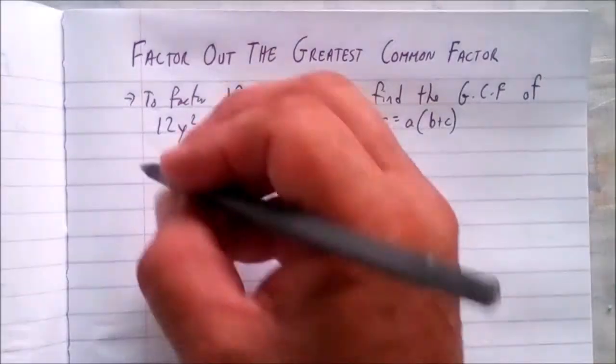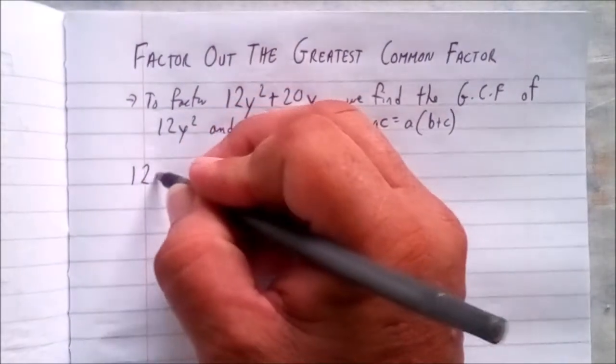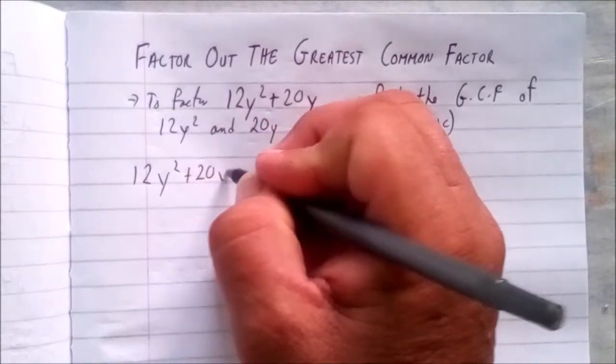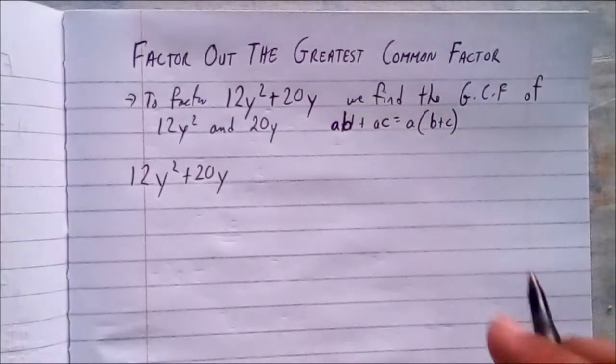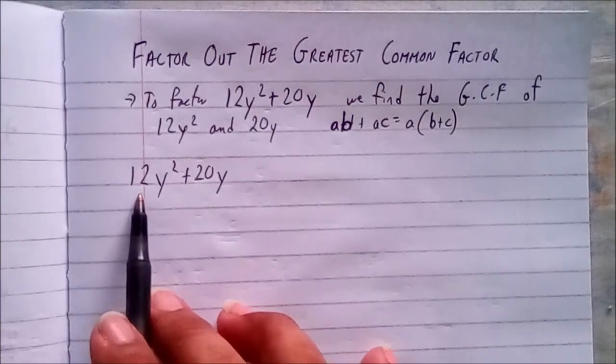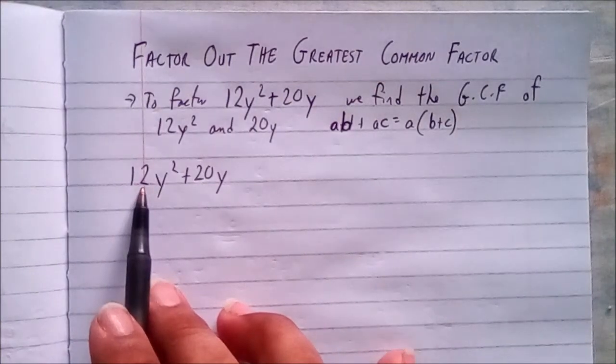So we have 12y squared plus 20y. Behind the scenes, this is what happens. We will break 20 apart.